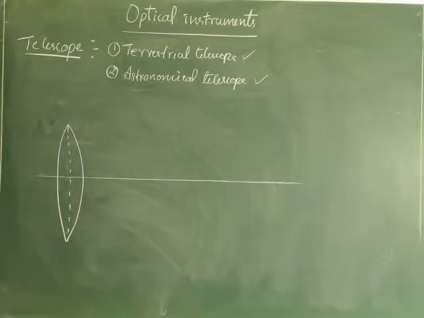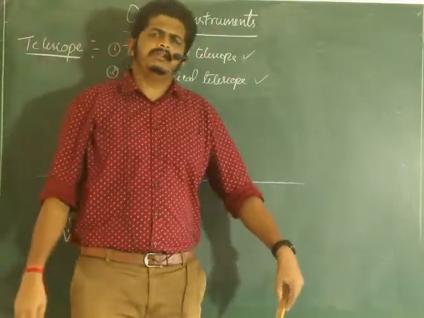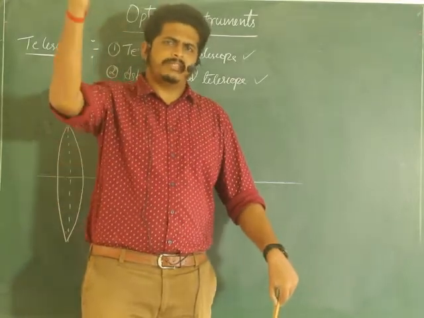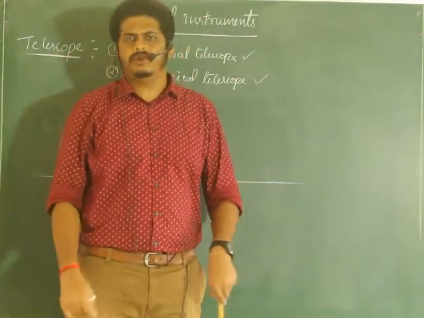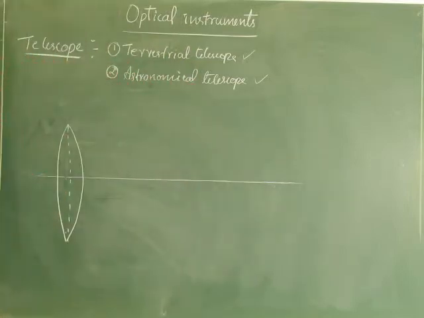Next, telescope means of course for a long distance. That means the object is placed far away, so we are supposed to consider light rays from infinity incident on the telescope.